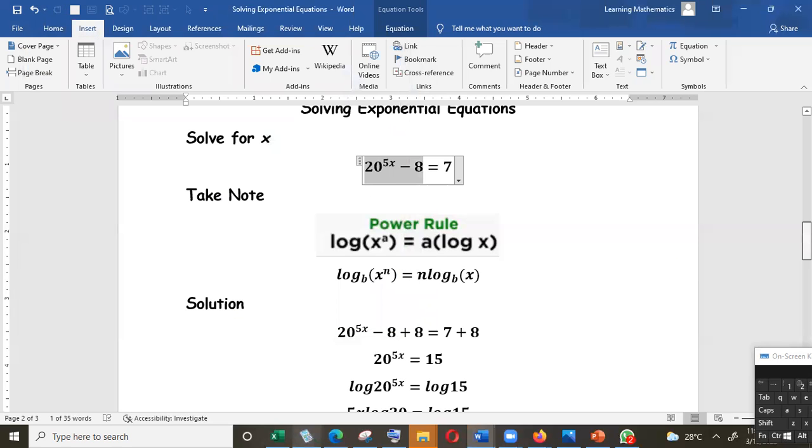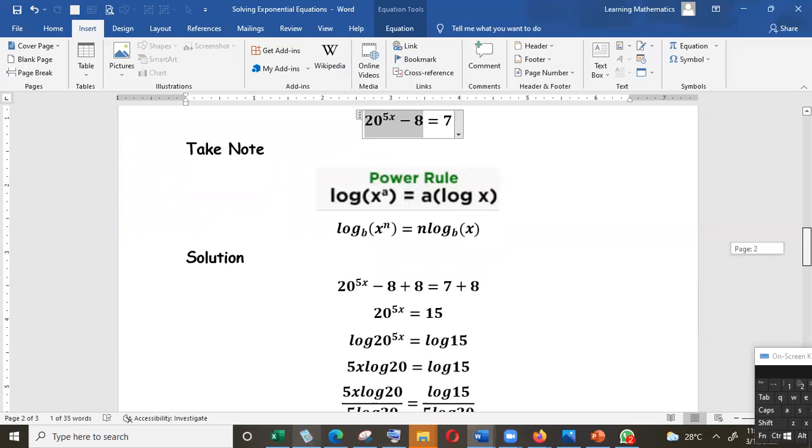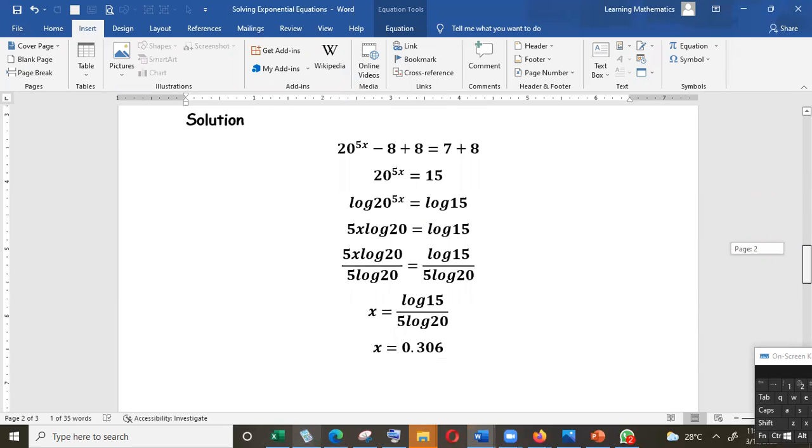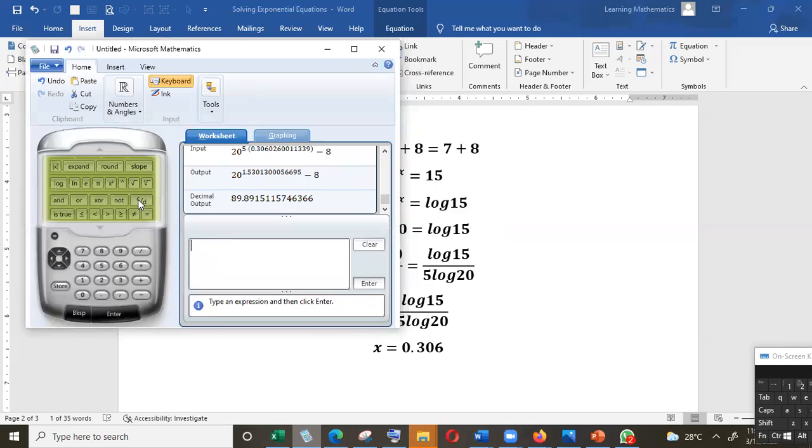Let's see what is wrong. 20 raised to the 5x minus 8. We add 8 on both sides, 15. Log of 15 over 5 log of 20. Let's see if log of 15 divided by 5 times log of 20 works.